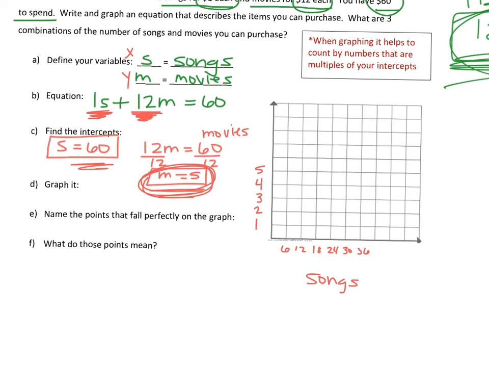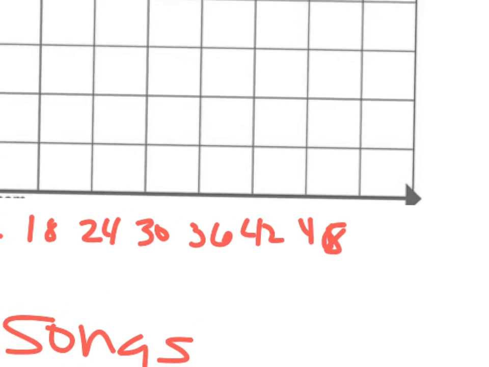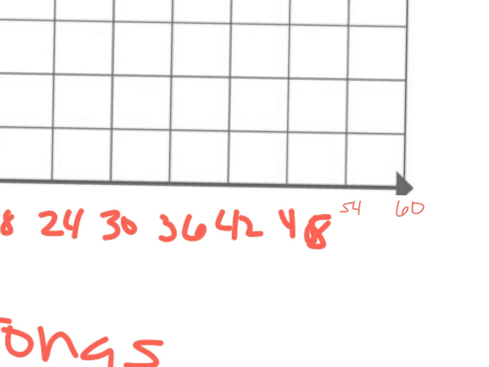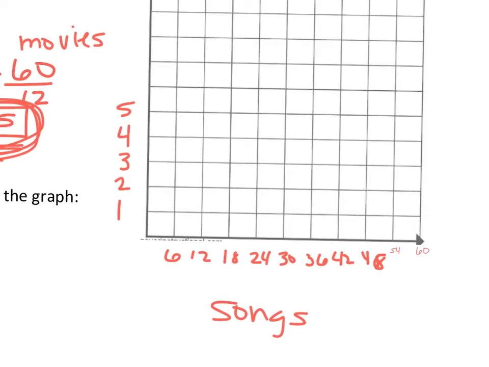Am I even going to make this? I think I do. 42, 48. Let's zoom in a little more. 54 and 60. We just make it. Sorry for the ugly numbers.